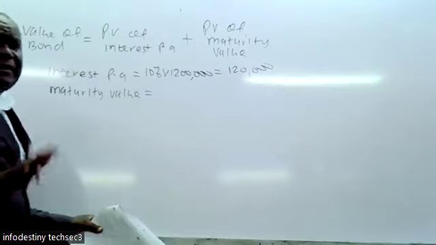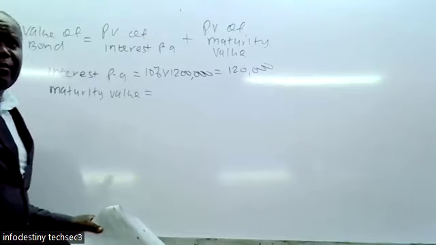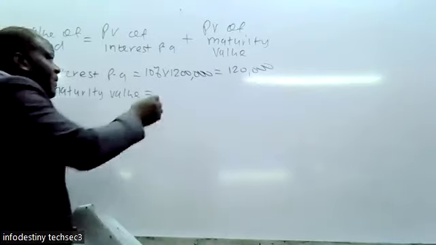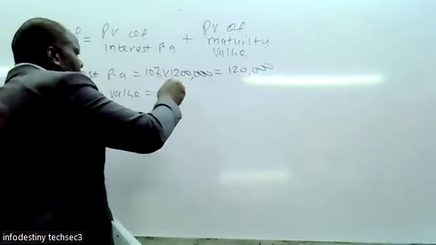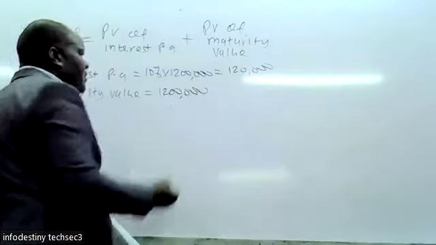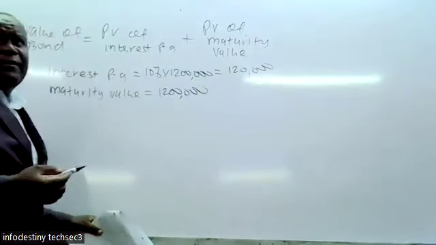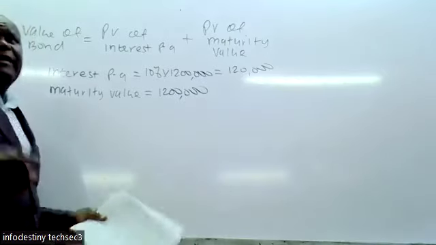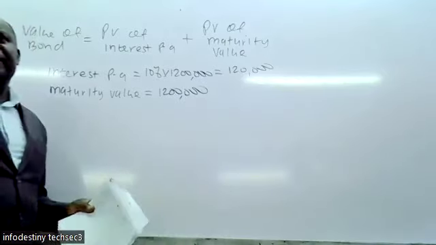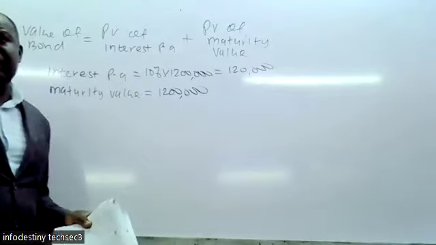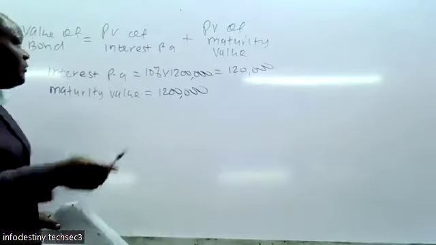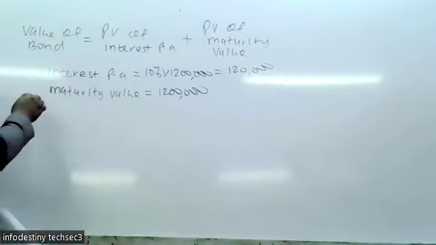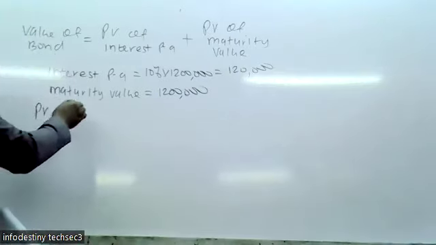Our par value is the 1.2 million. Unless they have specified the maturity value, we always use the par value. So we start by calculating the present value of the interest.